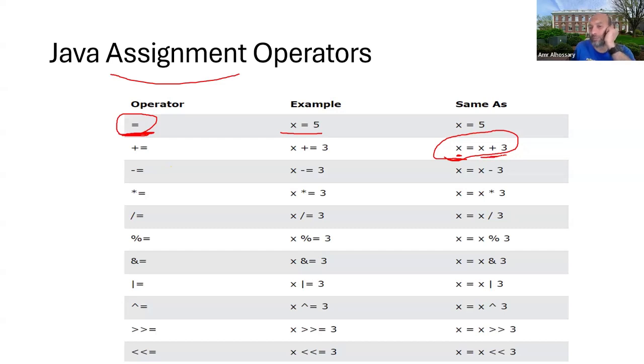Mathematically, this is not a mathematical formula, because x can never be equal to x plus 3. This is a computer science formula, not a mathematics formula. It means new x equals current x plus 3. Is this clear?